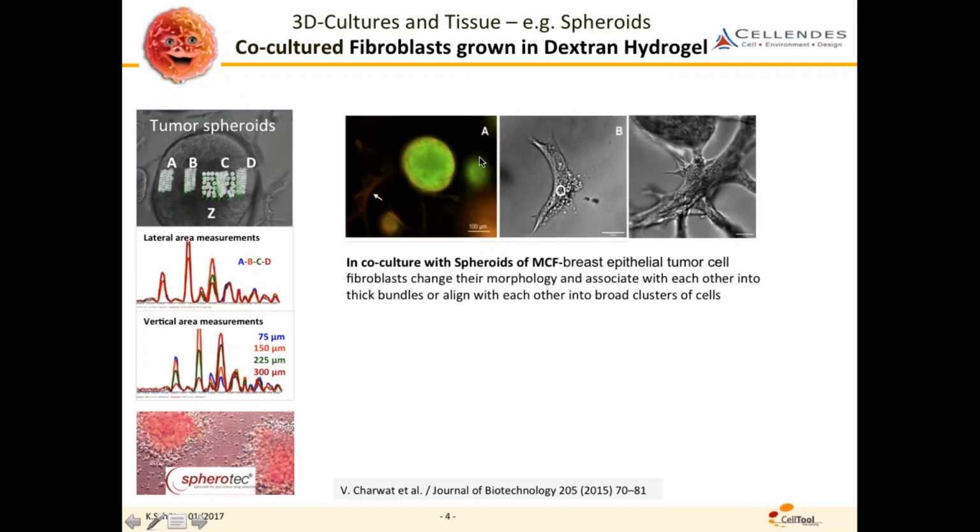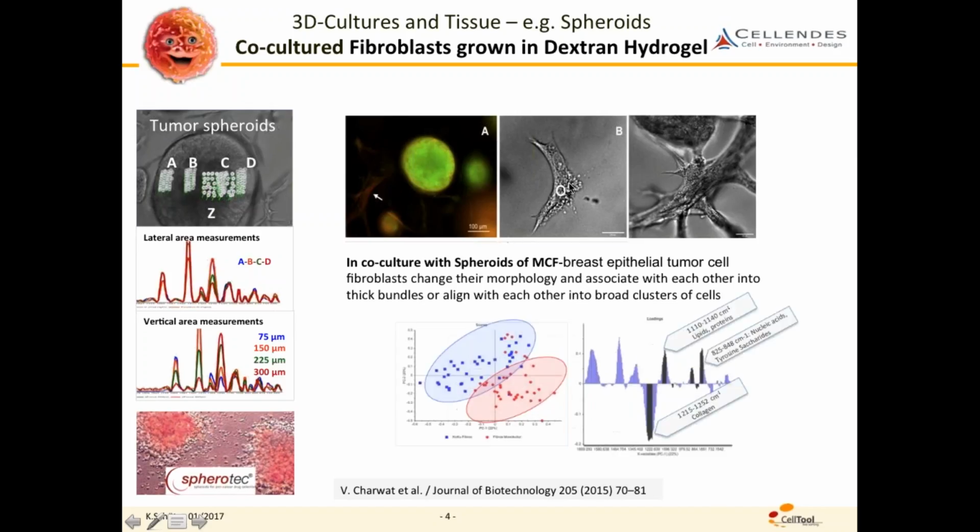We also could show a combination of tumor spheroids that have been in co-culture with fibroblasts. In this case, this all is in a hydrogel. So the hydrogel is perfectly suitable for Raman. And what you can see is if we look into the fibroblasts without co-culture, we see a certain spectrum.